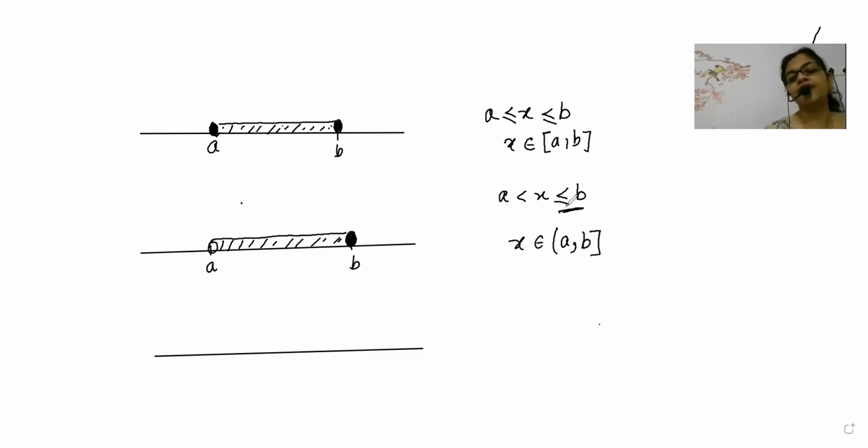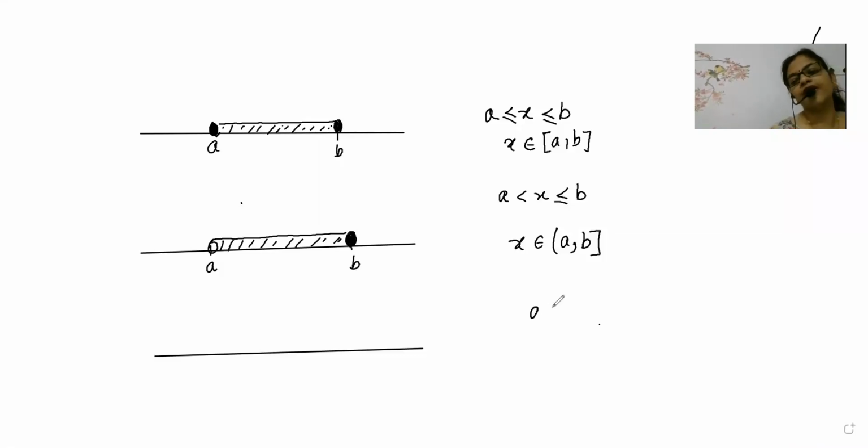Whichever sign is there, beta, if the equality sign is there, then that will be included, and it will be represented by a closed ball. I repeat, that will be included by a closed ball.